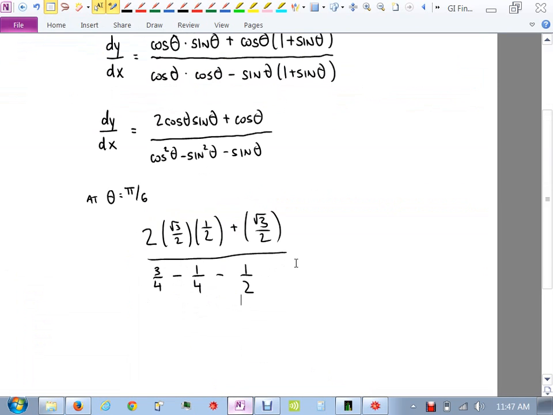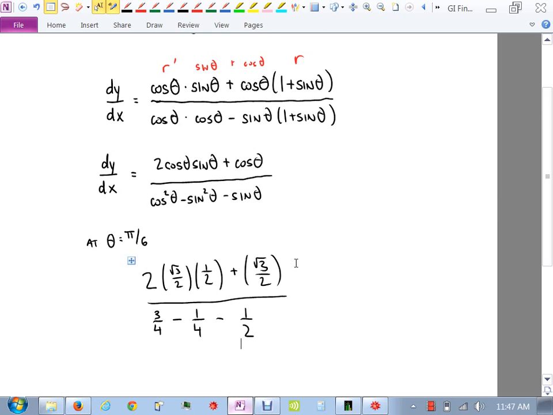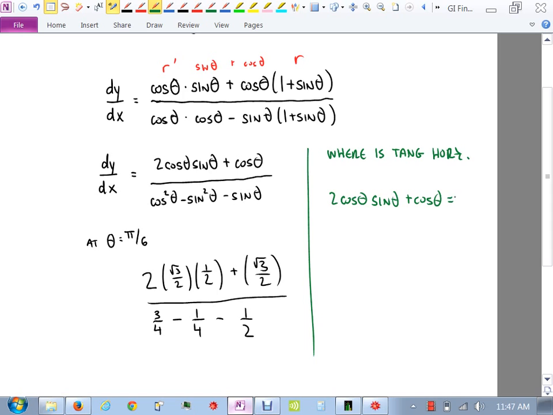Okay, so the next question I was going to ask is where is the tangent line 0? Where's the slope 0? So you set it equal to 0, right? So you have to set the top to 0. If I said where is the tangent horizontal, then you'd set the numerator equal to 0.